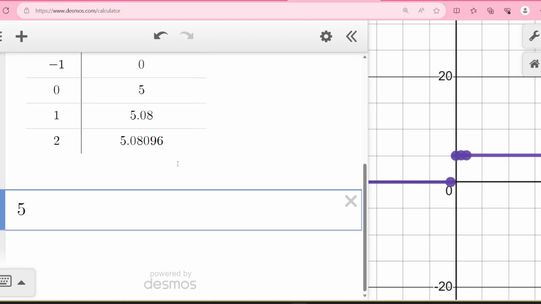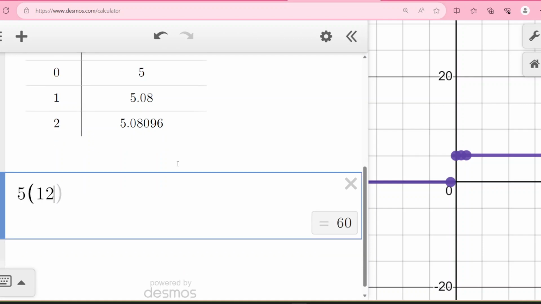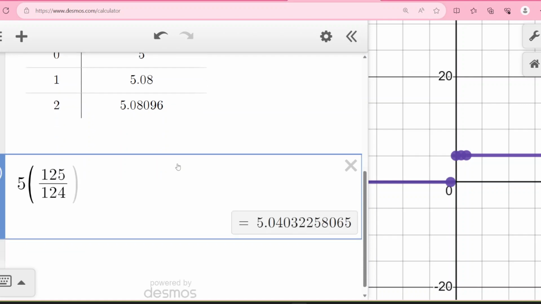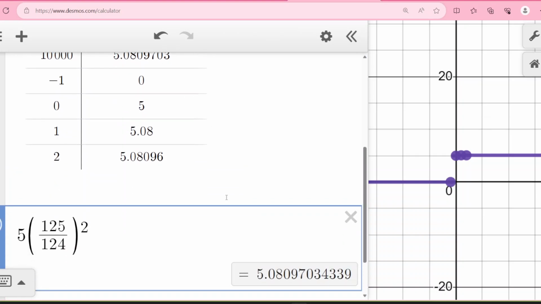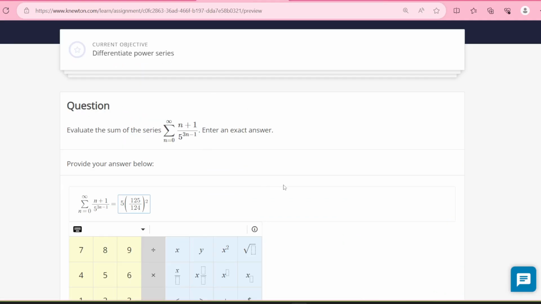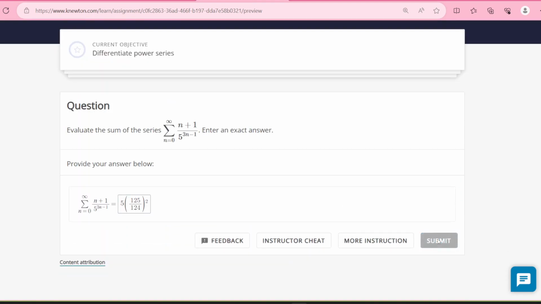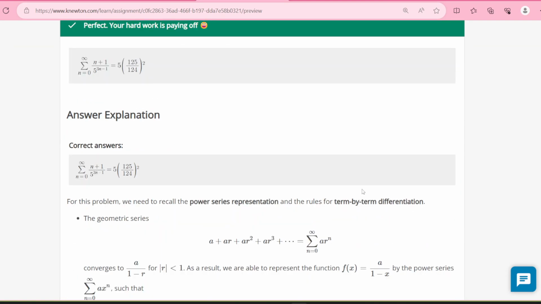So we had 5 times 125 over 124, squared, right? And you see this, 5.080973, right? That's what this series is converging to. So this should be good. Yeah, it's checking out. Yeah, it's exactly the way they typed it.